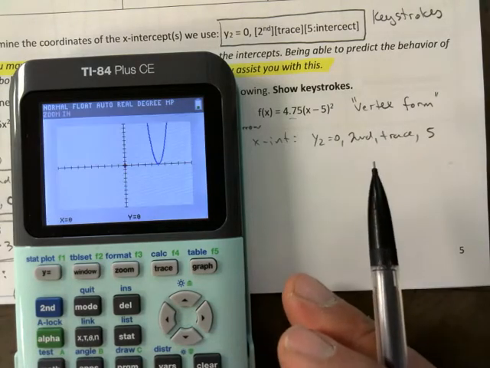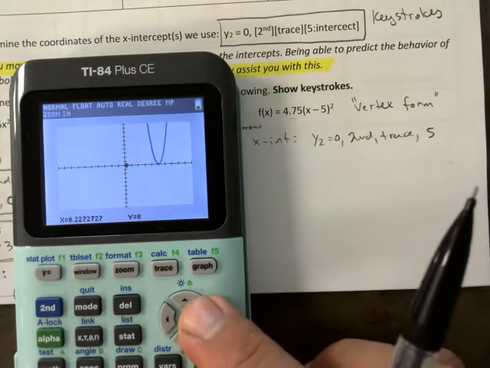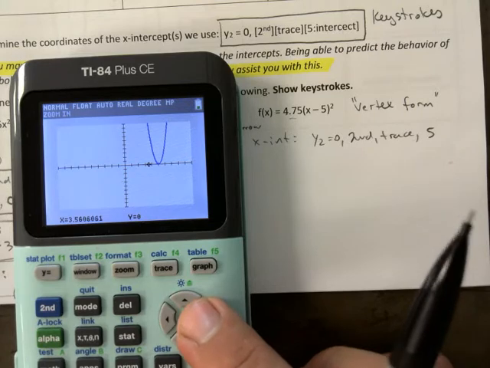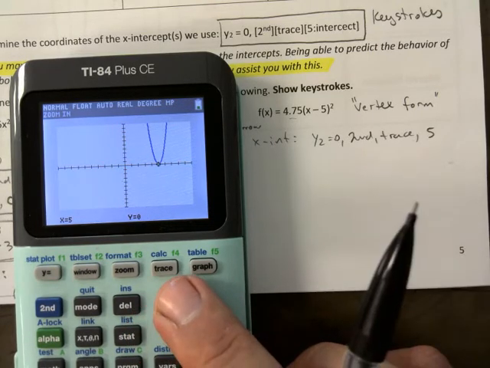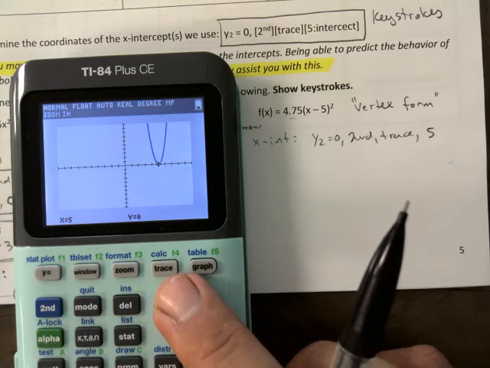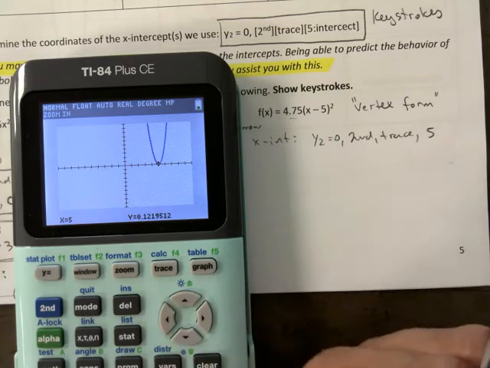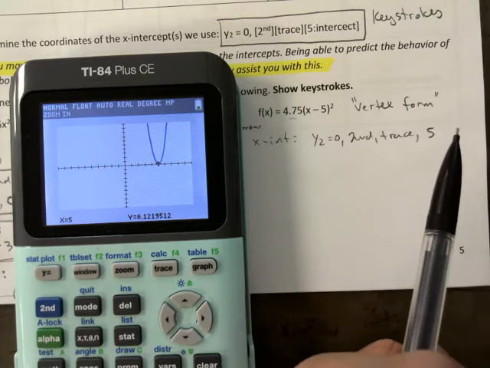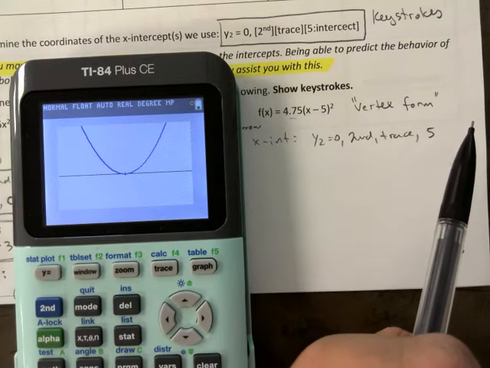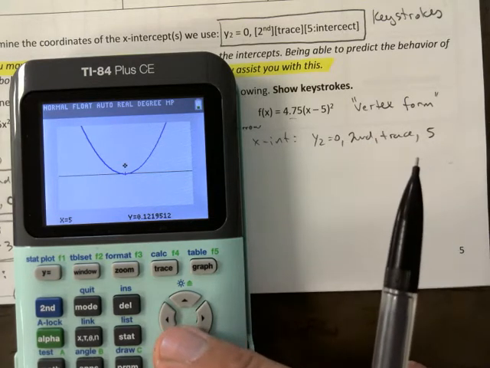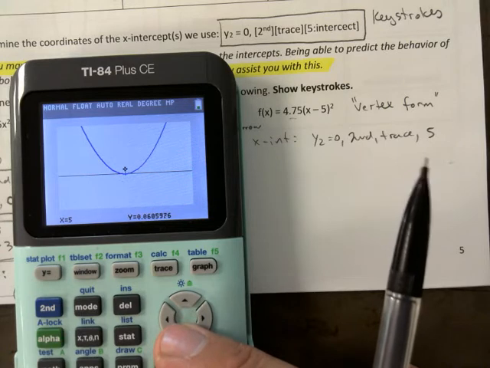Hit enter. And what you can do is you can now travel to any area you would like to zoom in to. So I want to know, is there an X-intercept, right? So I'm going to kind of zoom in to that point right there and hit enter. Keep hitting enter as much as you need to. And I'm going to move my cursor closer to that.